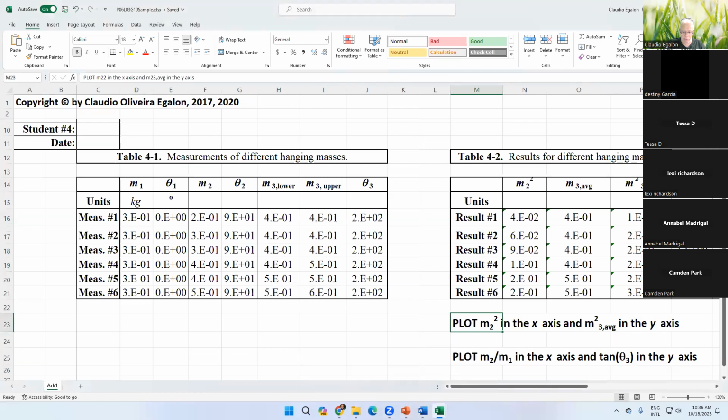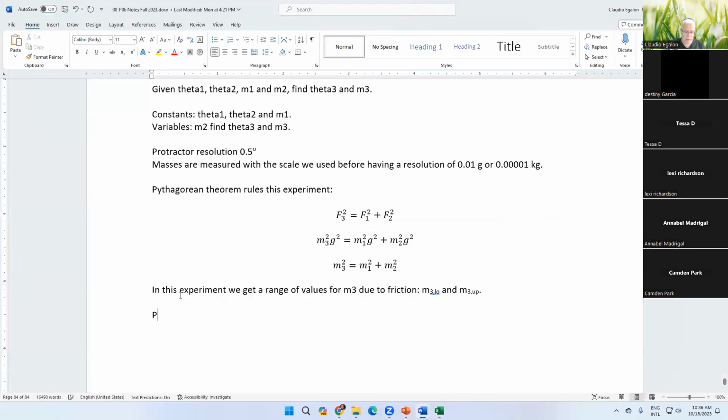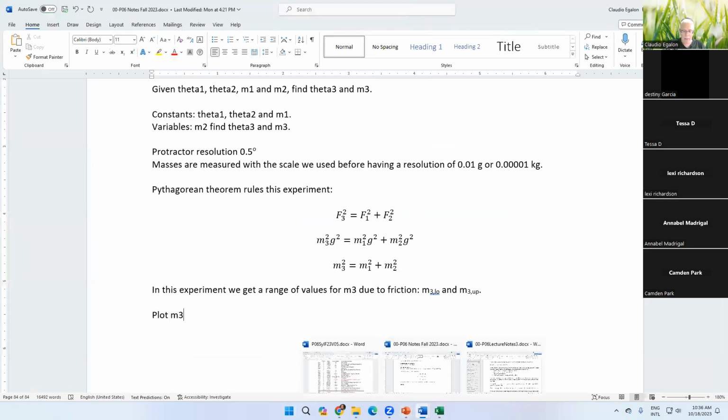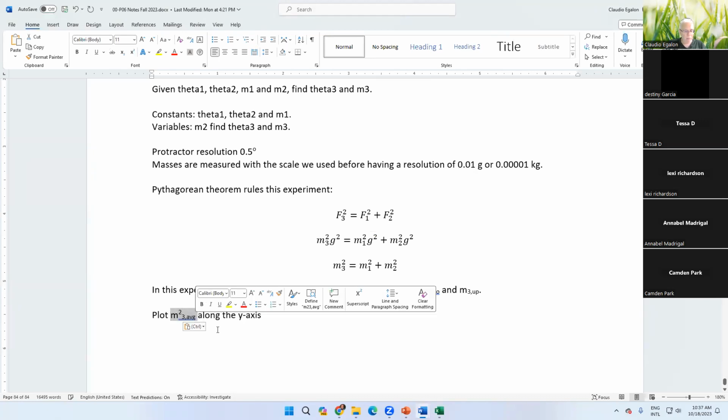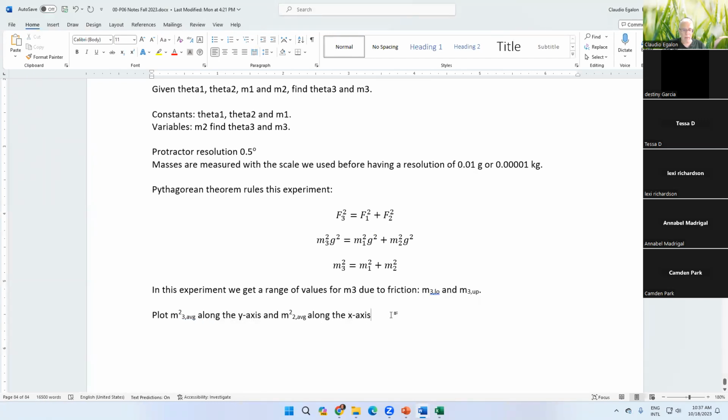So the first thing you do in this experiment is plot M3 average squared along the y-axis and M2 squared along the x-axis.